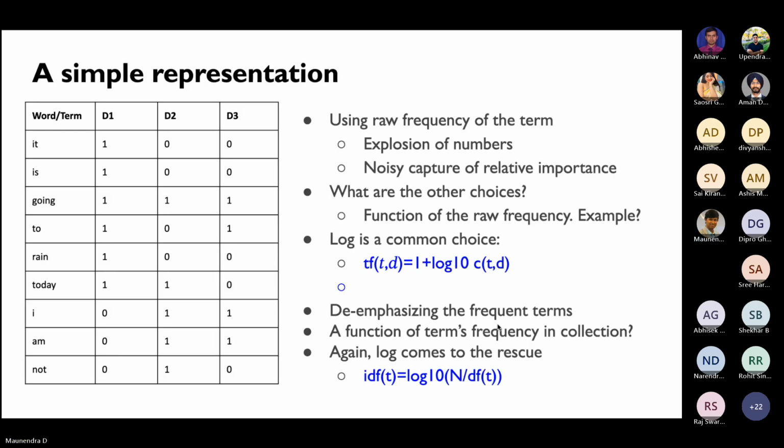So there are certain good things about this representation scheme. To see a vector, it's very easy to understand why the vector is like that. If you see a document vector like this, where sometimes it is high, sometimes it is low, it's very easy to say why this has come.